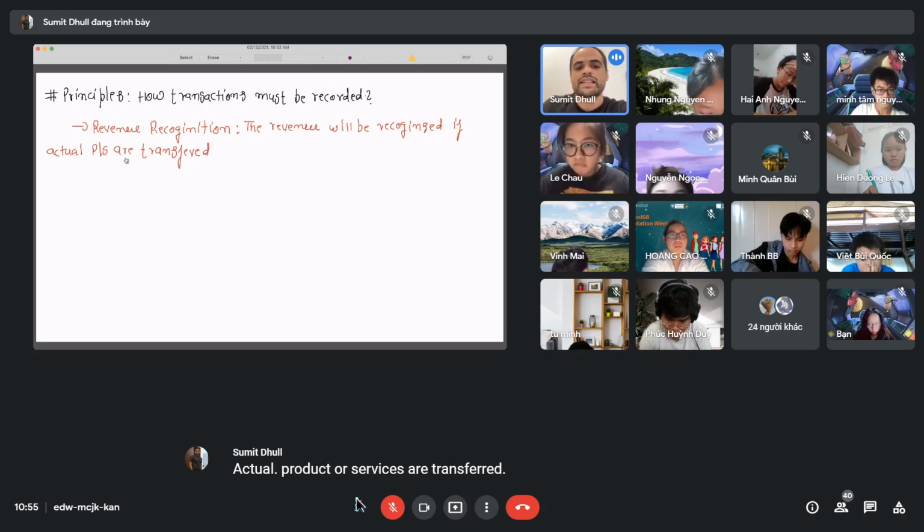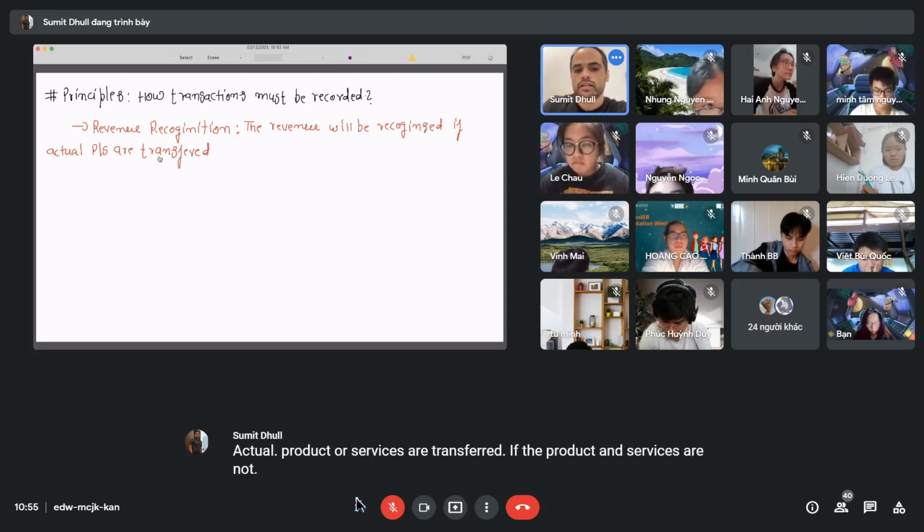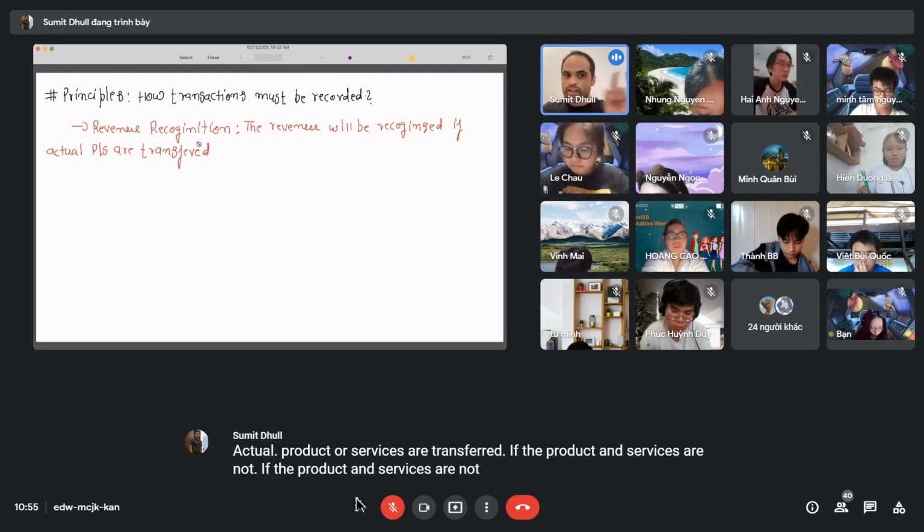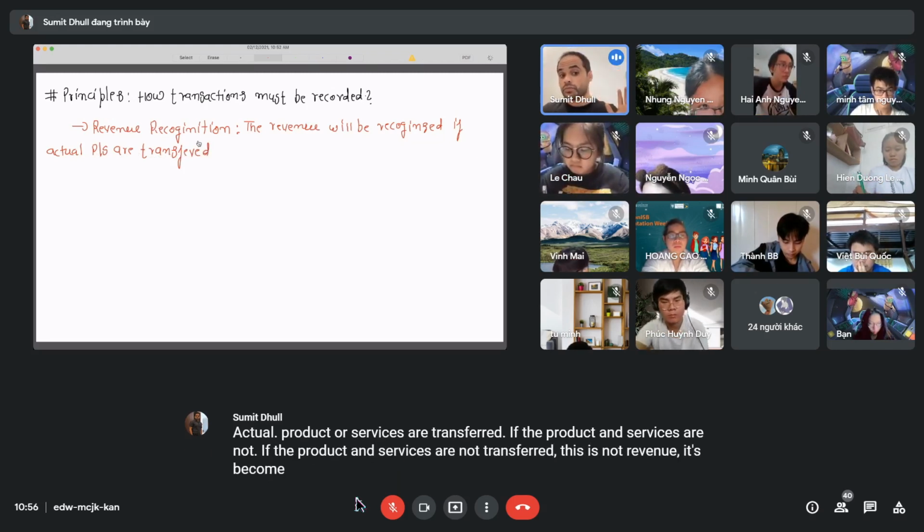If the product and services are not transferred, this is not revenue, it becomes unearned revenue.